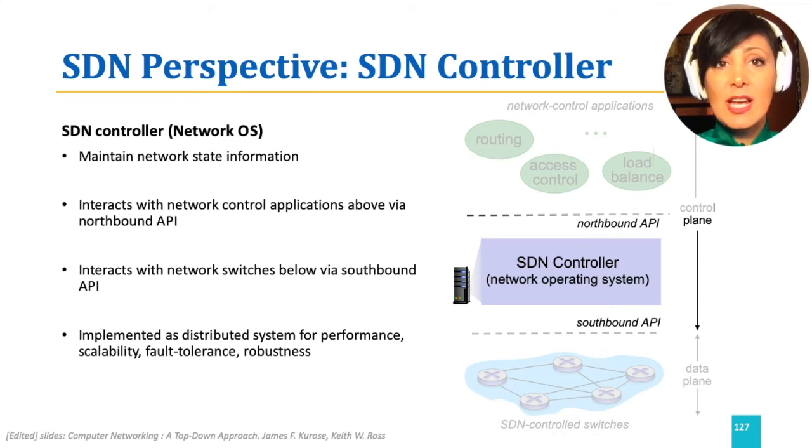This decision is for achieving and maintaining performance, scalability, fault tolerance, and robustness. Controllers like OpenDaylight and ONOS, that we will discuss briefly, have placed emphasis on architecting a logically centralized but physically distributed controller that can scale services with high availability.